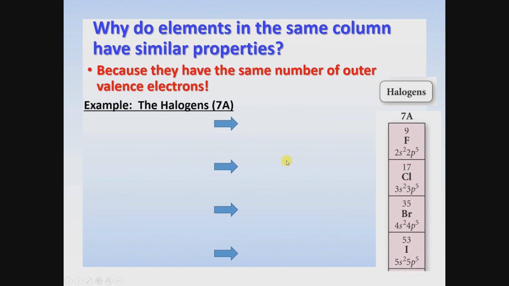If you look at, for example, the halogens, which are fluorine, chlorine, bromine, and iodine, you probably already know they have similar properties, and now you can understand why.